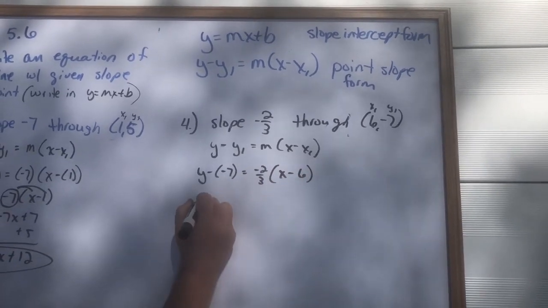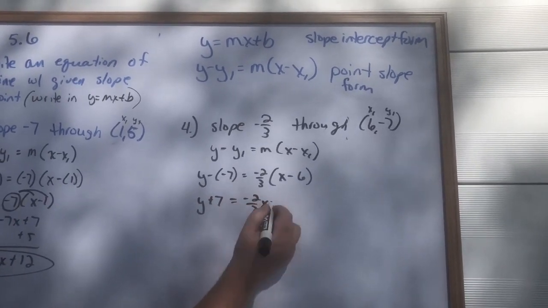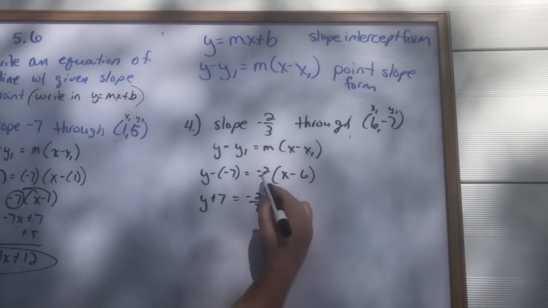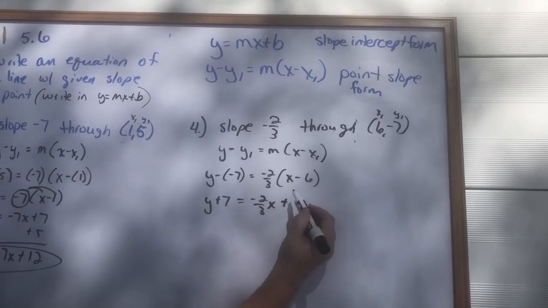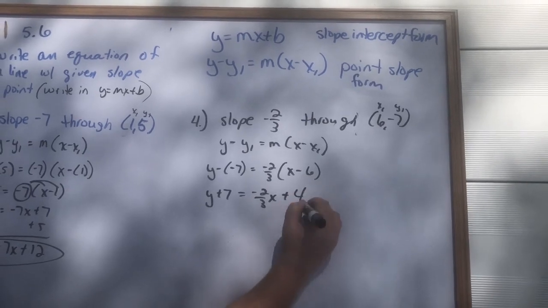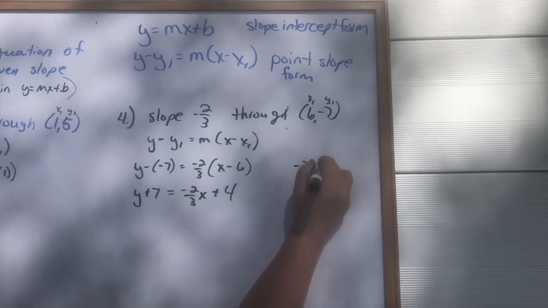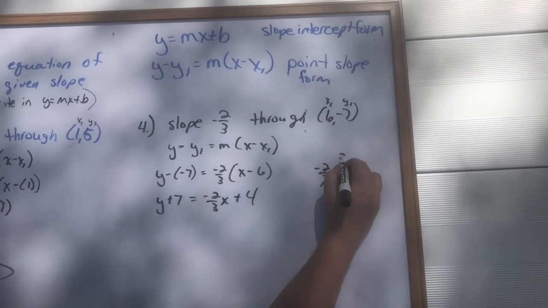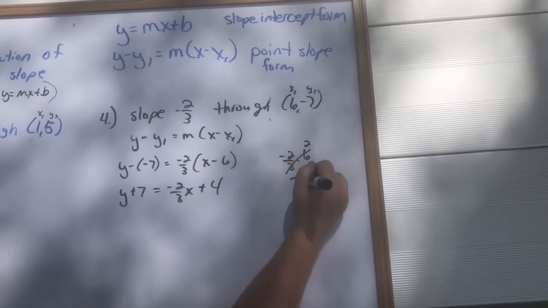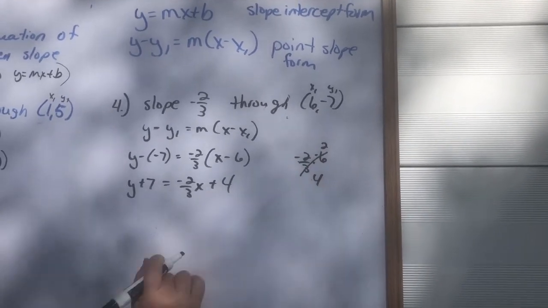And simplify. y plus 7 equals -2/3 x plus, negative times negative is positive, 3 goes into 6 2 times, so then that would be 2 times 2, which is 4. If you need to see it, we'll take it over here to the side. -2/3 times -6. 3 goes into 6 2 times. -2 times 2 would be -4. Oh, that was a -6, sorry. So it's a +4. Sorry about that.